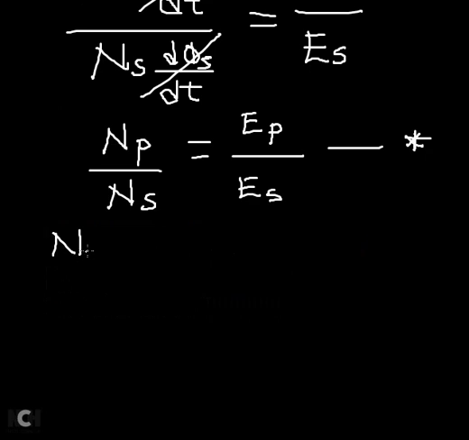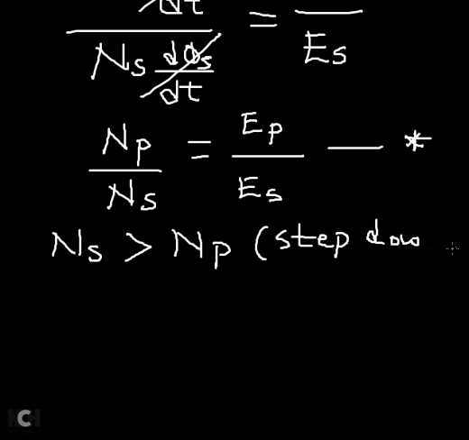If I have a transformer whose output, which of course is the secondary, has a number of turns greater than the input, the number of turns of the primary coil, then such a transformer is called a step up transformer.